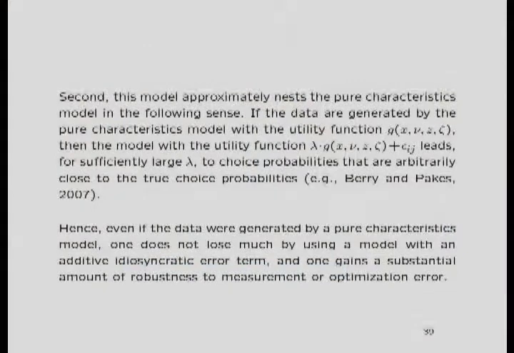The second part is that in the end, the model with the epsilon ij essentially nests the pure characteristics model. Even though you fix the variance for the epsilon ij by having it be extreme value, if the data were generated by the pure characteristics model, you can rescale the systematic part of the utility function in a way that the choice probabilities from the model with the epsilon ij would be arbitrarily close to the choice probabilities coming from the pure characteristics model.